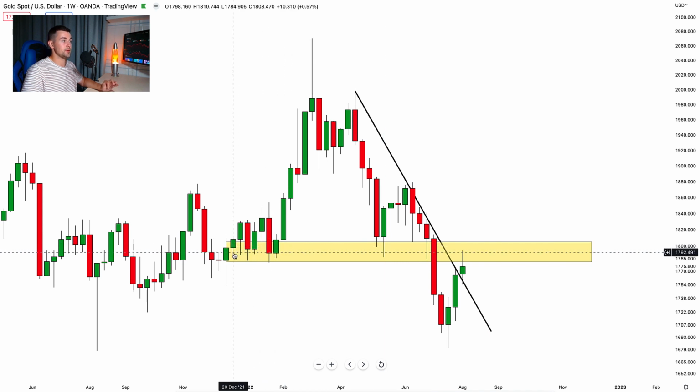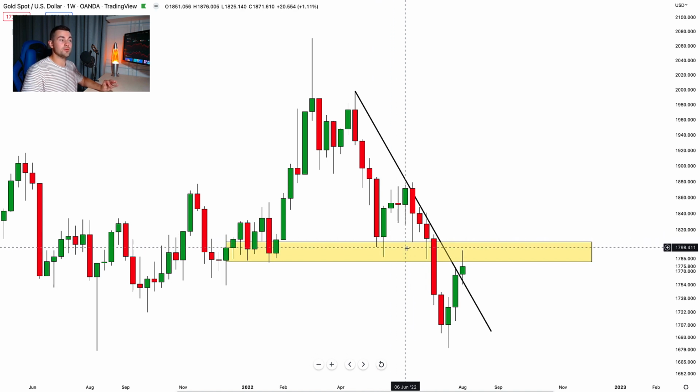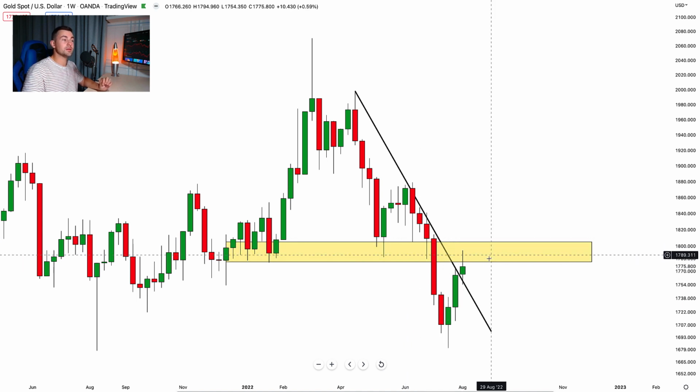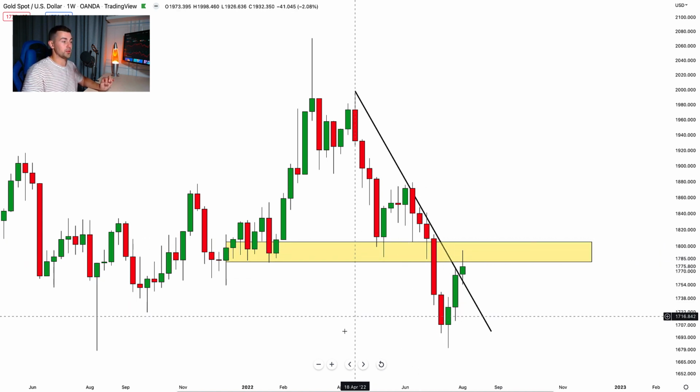Yes, you can see that that structure was respected many times in the past by the buyers. Yes, buyers were buying in February, buyers were buying in May, buyers were buying in June from that structure. So on focus is that horizontal area right now.